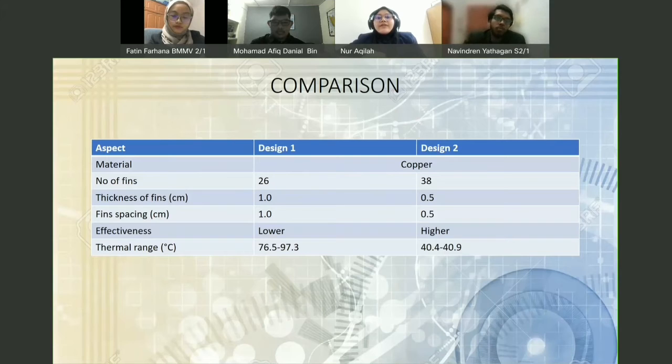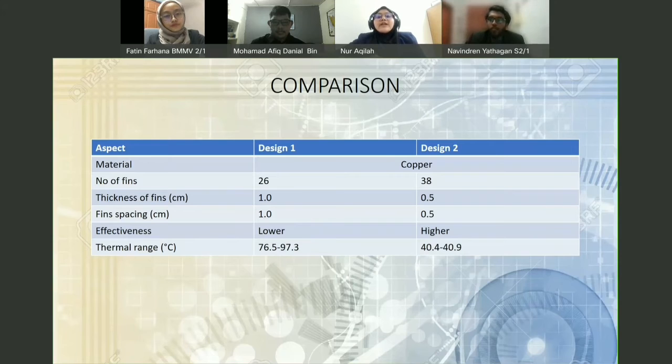The thickness of the fin for design 1 is 1.0 cm and design 2 is 0.5 cm. The fin spacing for design 1 is 1.0 cm and design 2 is 0.5 cm. The effectiveness of design 1 is lower compared to design 2, because as I mentioned before, the fin spacing of design 1 is greater than design 2.